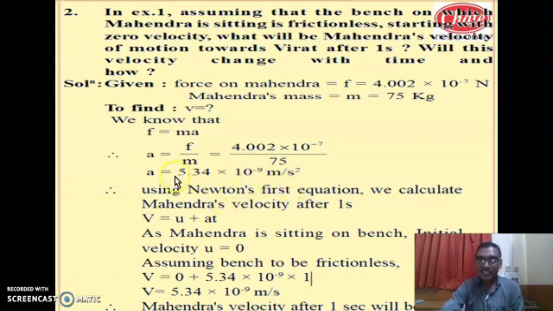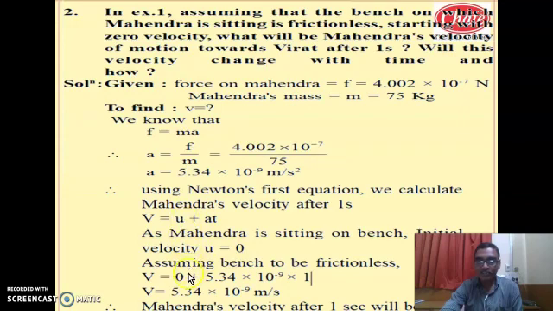Now from this acceleration we have to calculate the velocity. Using Newton's first equation of motion, what is Mahendra's velocity after 1 second? V equals U plus AT. Starting from rest means U equals 0.